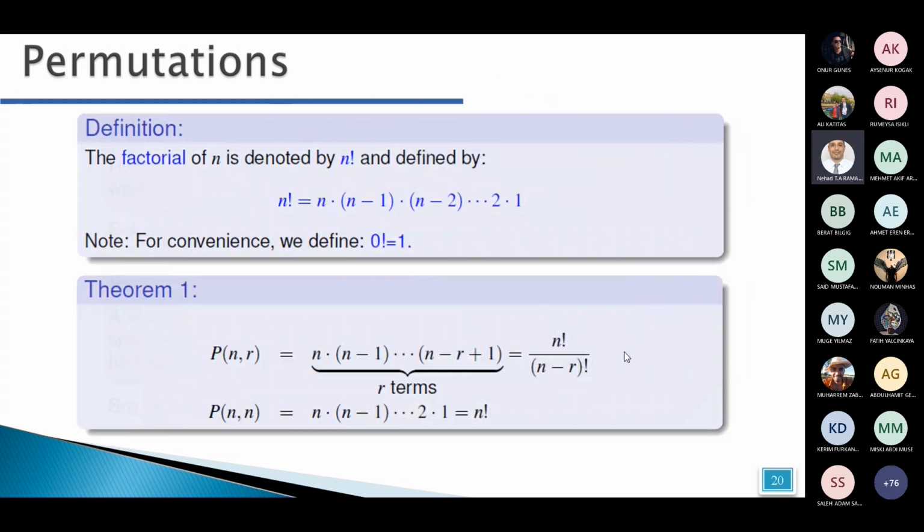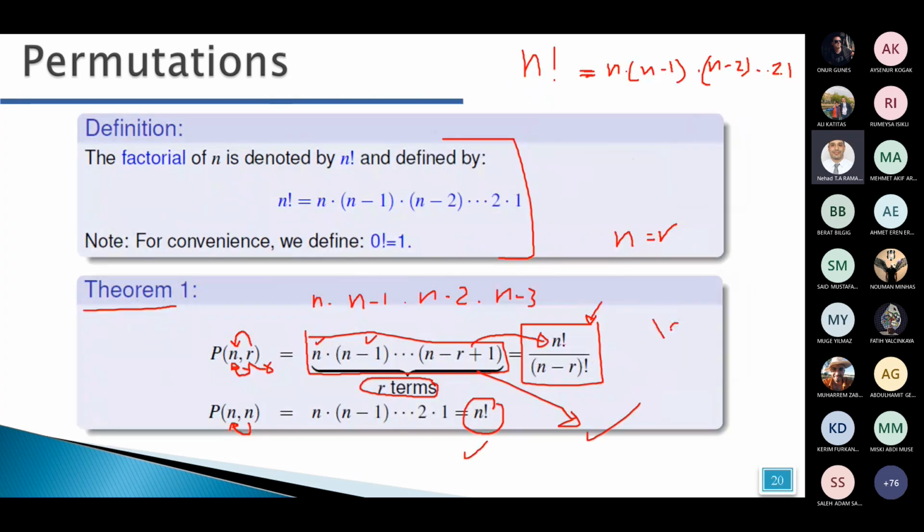Which rule will we apply? If you apply n factorial divided by n minus r factorial, which is 100 factorial divided by 97 factorial, and you calculate the factorials, it will be very difficult.